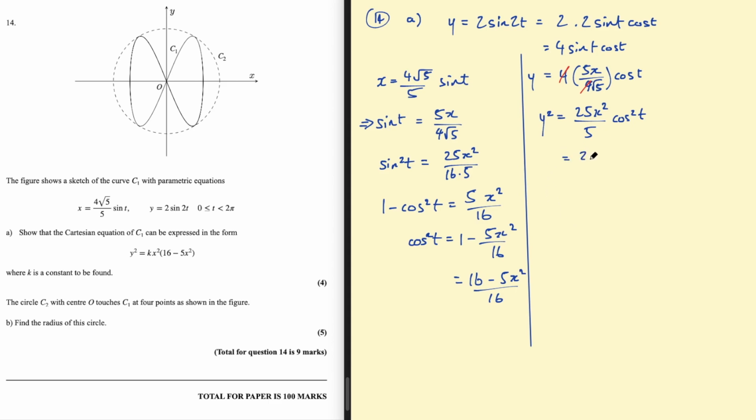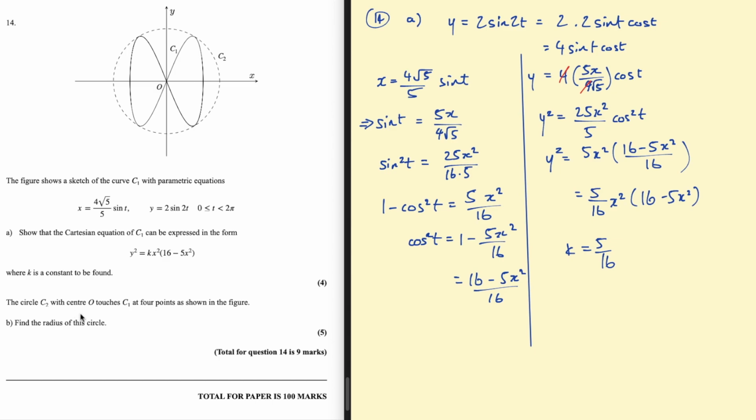So this will be 25, or actually, let's cancel the 25 and the 5. This will be 5x squared multiplied by 16 take 5x squared on 16. And factorize the 1 on 16th out, so we get 5 on 16 x squared times 16 take 5x squared. And so here we have k equal to 5 on 16. And we're done for part A.